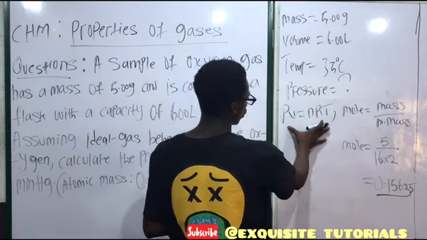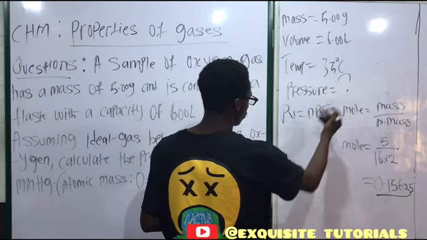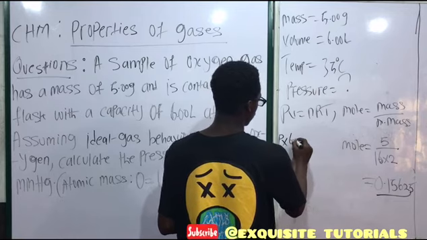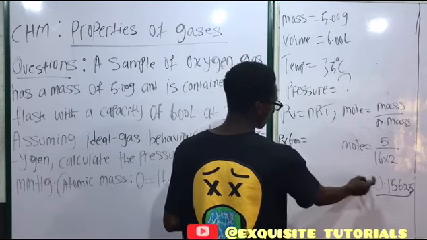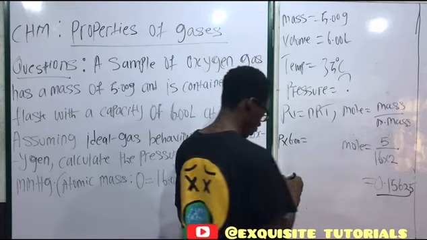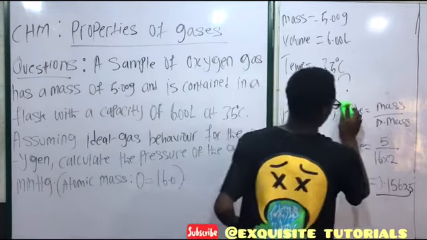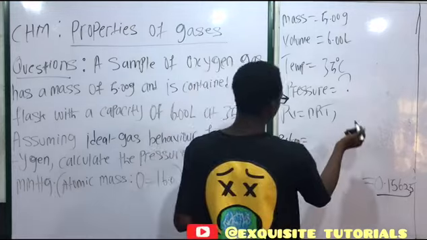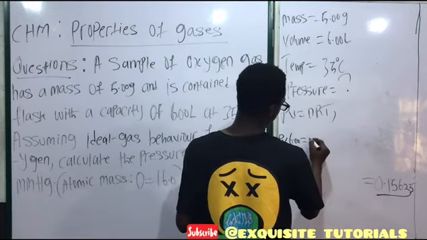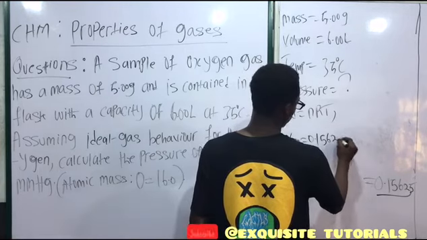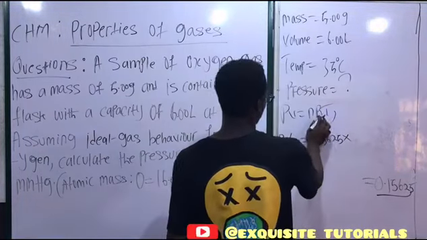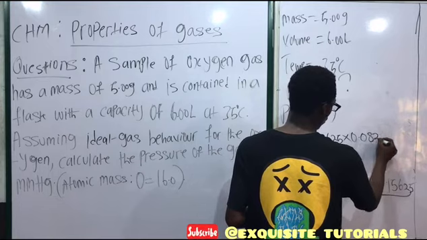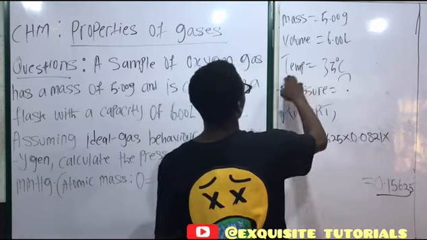So let's put it into this equation. We're looking for our pressure, so pressure is unknown. So we have P times the volume. What is the volume? 6.00 is equal to number of mole. Number of mole is here, which is 0.15625 times our R, which will be 0.0821, times our temperature.